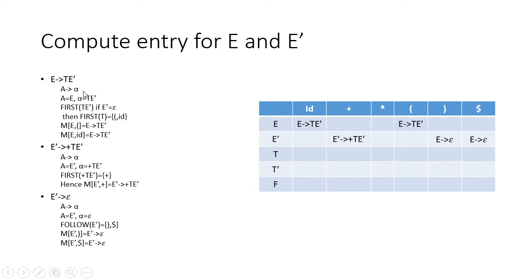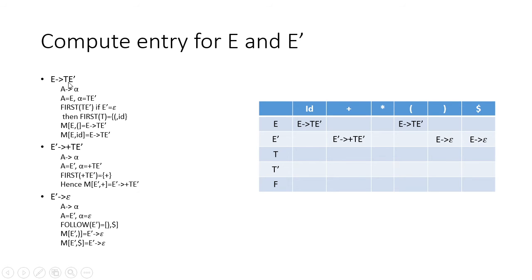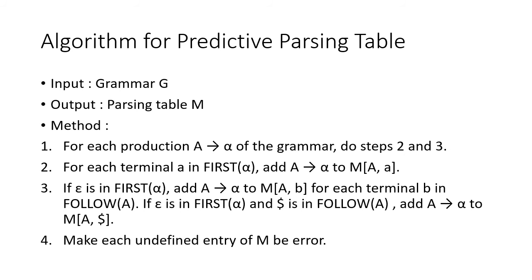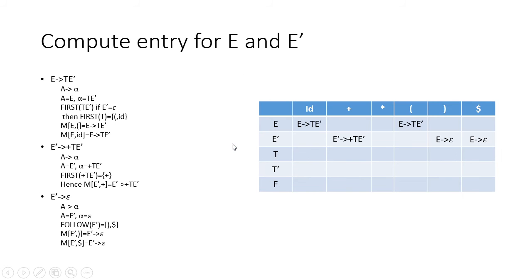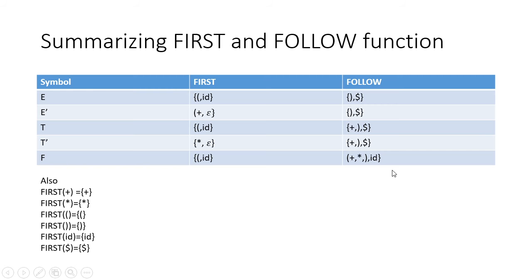Let's look at the first grammar. The first grammar is E derives T E dash. We compute it by using A derives alpha, because as per the rule, alpha can be anything. So A is E and alpha is T E dash. So as per the rule again, for each terminal a in first of alpha, add A derives alpha to M[A, a].